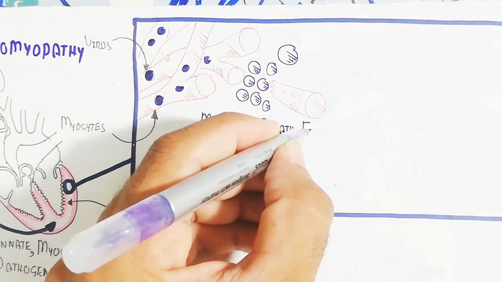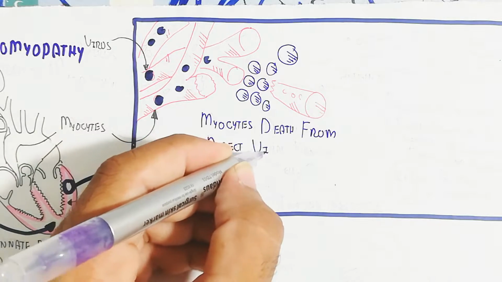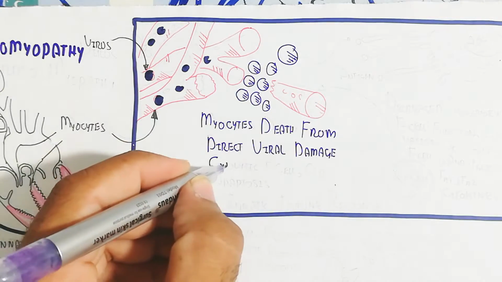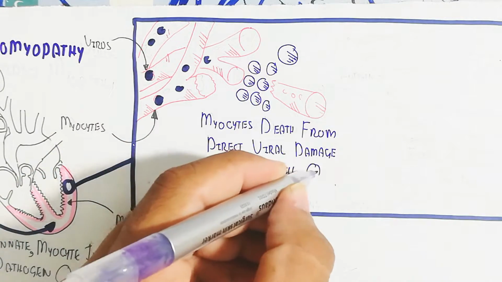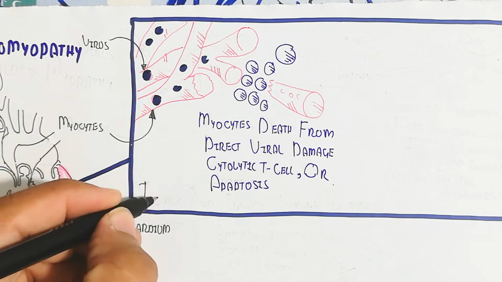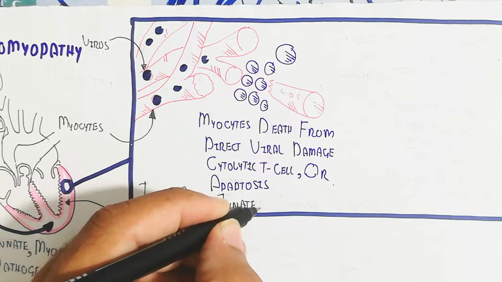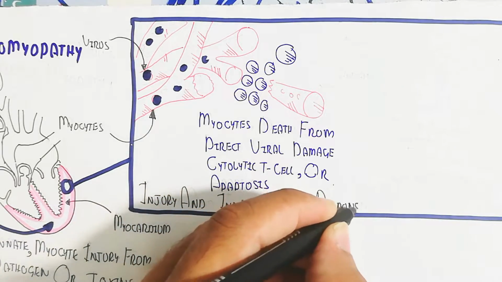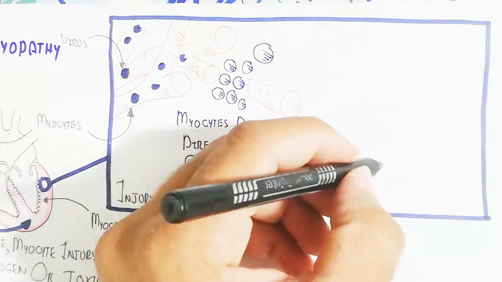After the damage of the myocyte due to the viral infection, the myocyte will be damaged and inflamed. So myocyte death comes from direct viral damage, cytolytic T cells, or apoptosis. And in this way, the injury and innate immune response will occur.